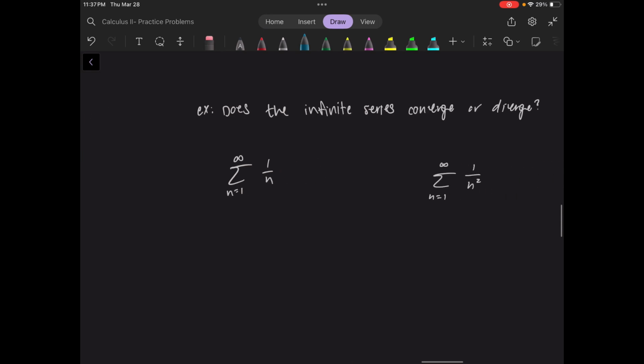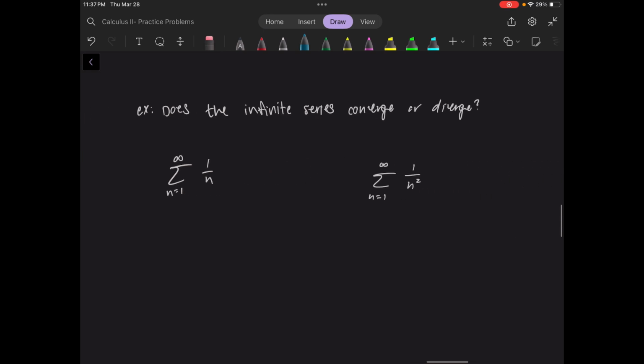Let's look at another one. Does the infinite series converge or diverge? So for this one, the limit as n approaches infinity of 1 over n equals 0, right? So inconclusive.